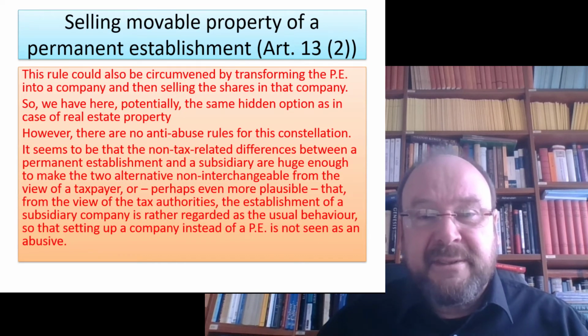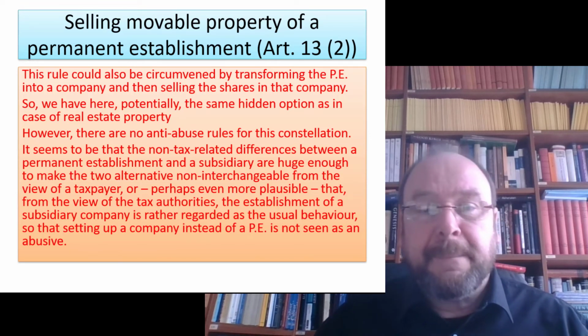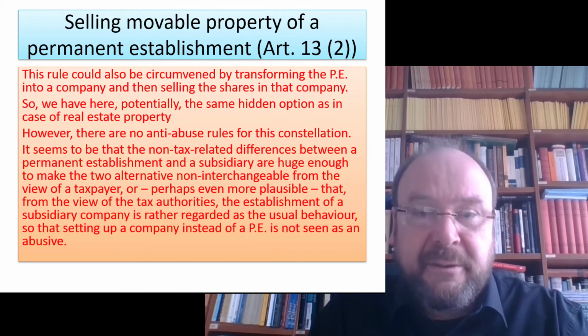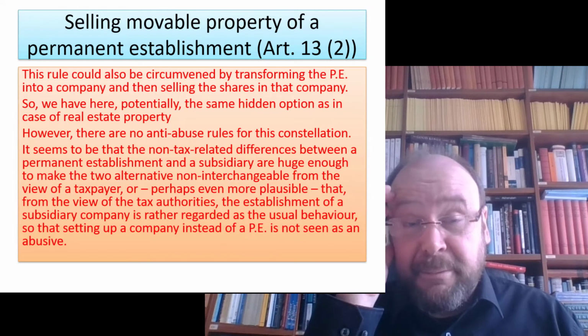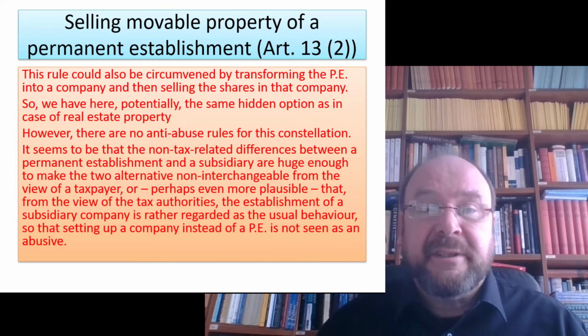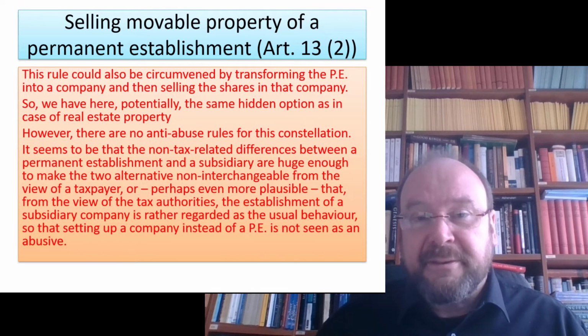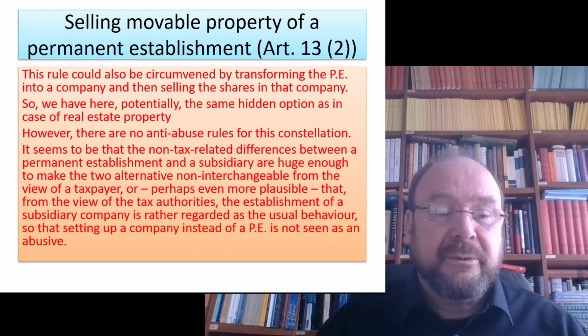That seems to be based on the fact that you have many non-tax related differences between a permanent establishment in a country and a subsidiary local company there. So probably the tax authorities think that's not interchangeable enough. There is no risk for an abuse.